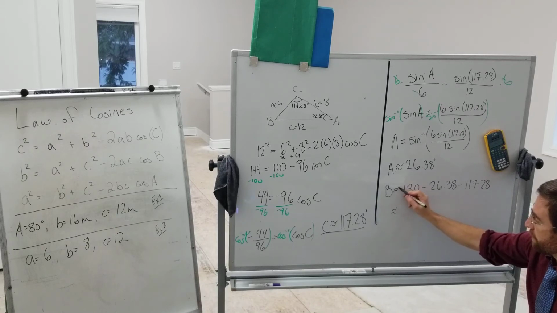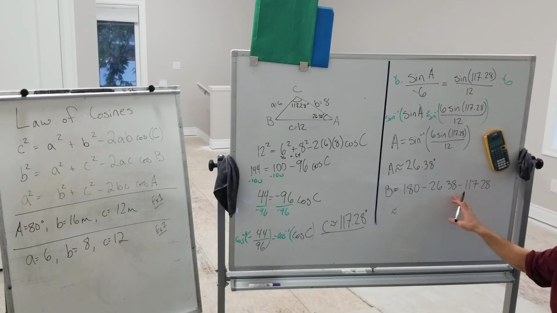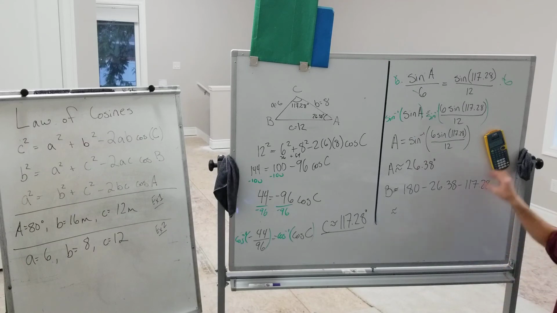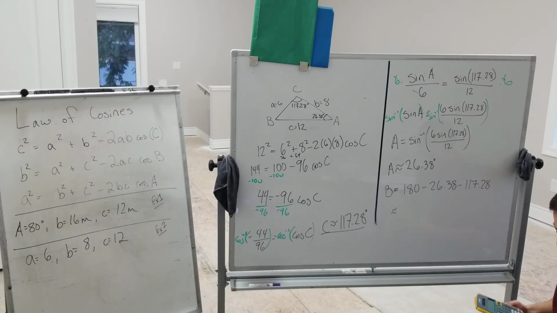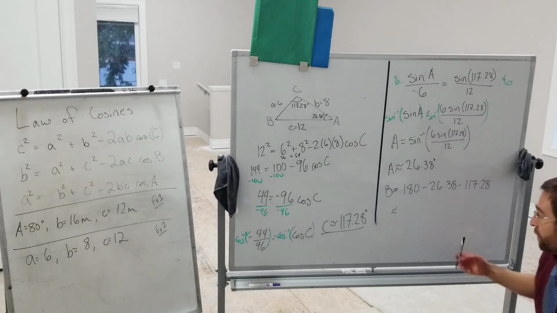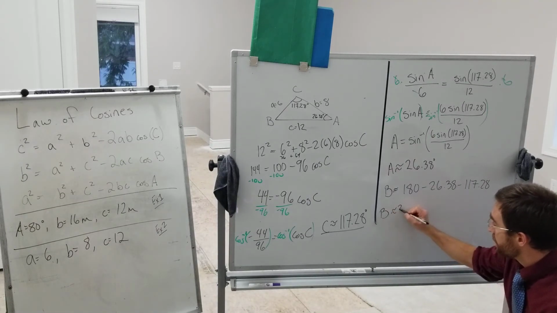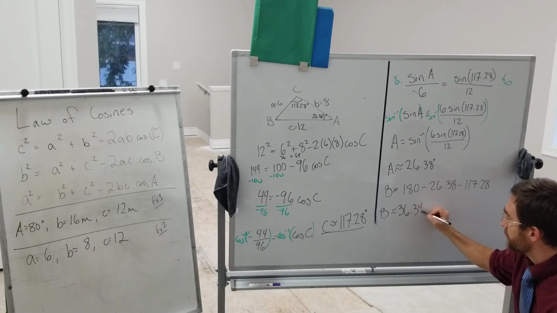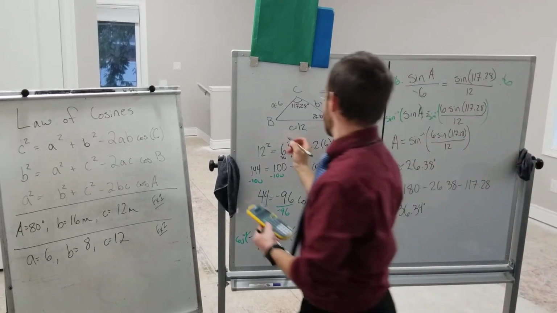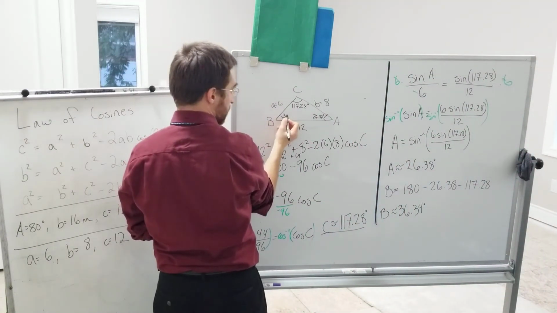Because these are both rounded numbers, it won't be exactly the right number for B, but it's close enough. So 180 minus 26.38 minus 117.28 gives us about 36.34 degrees. And there we go. We have solved the triangle.